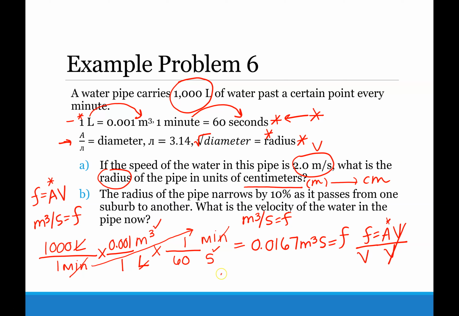And so our new equation is area equals volume flow rate divided by velocity. So the volume flow rate that we just calculated was 0.0167 cubic meters per second divided by the velocity, which we're given up here, 2.0 meters per second.